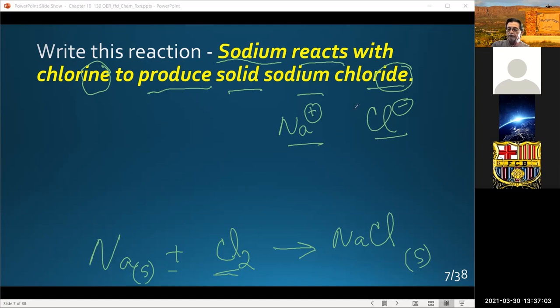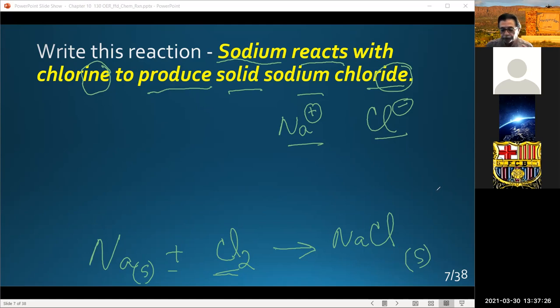Before we give it the formula, write the ions first, just like we did before when writing formulas for ionic compounds. We write them in ion form first, so we know how many of each to put together. So we know here sodium is a +1, chloride is a -1, simple 1-to-1, and there we go.